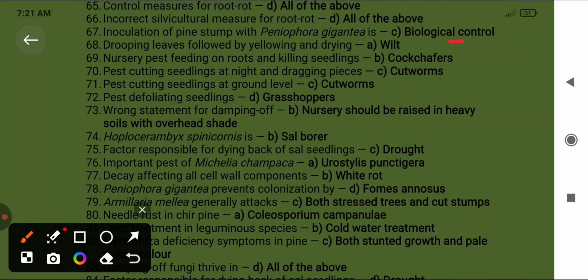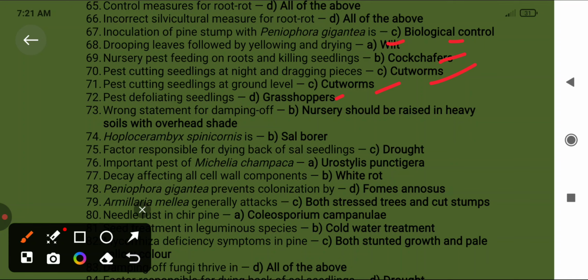Dropping leaves followed by yellowing and drying is wilt. Nursery pest feeding on roots and killing seedlings is cockchafer. Pest cutting seedlings at night and dragging pieces is cutworm. Pest cutting seedlings at ground level is cutworm. Pest defoliating seedlings is grasshopper.